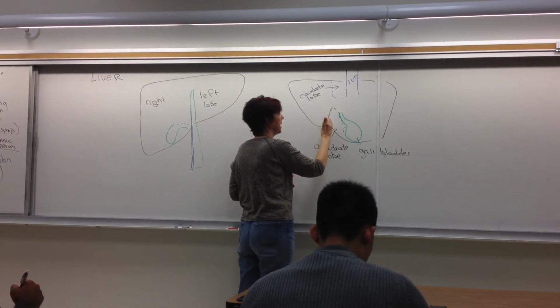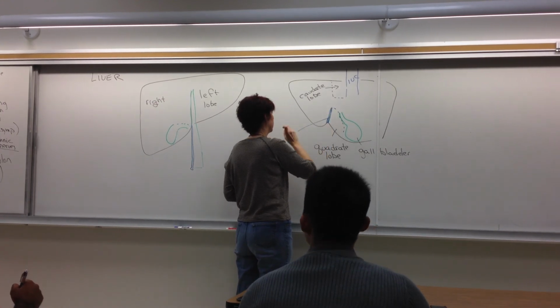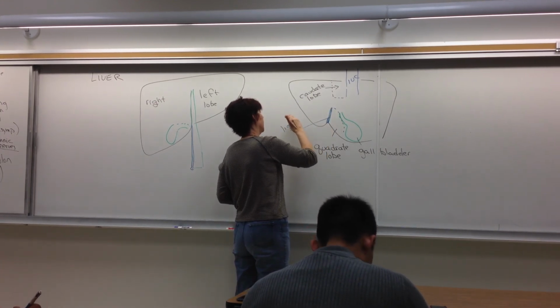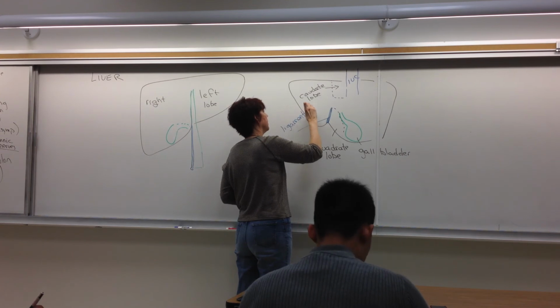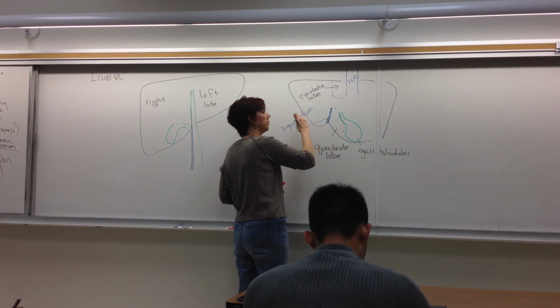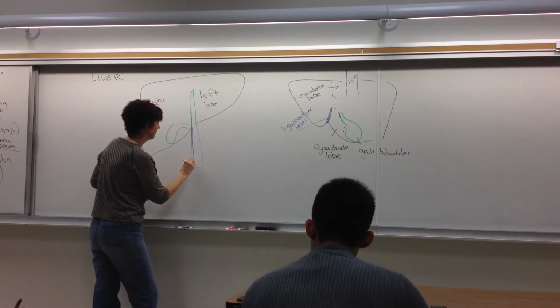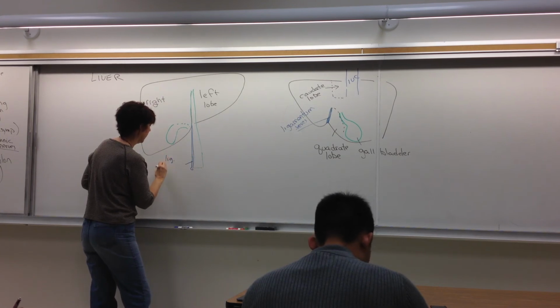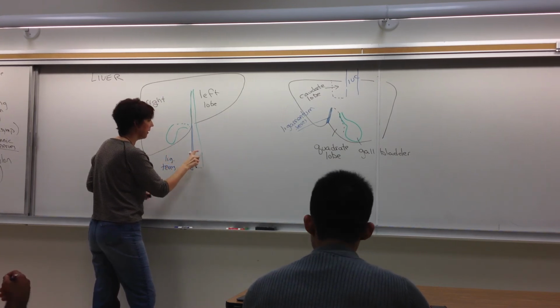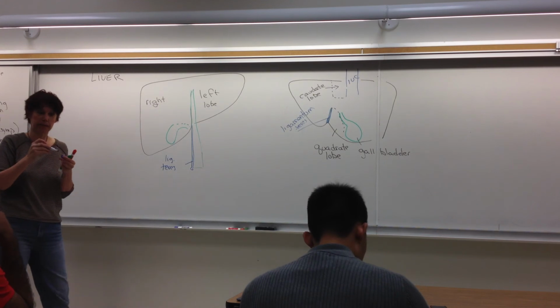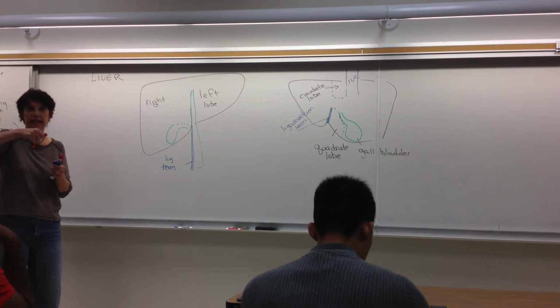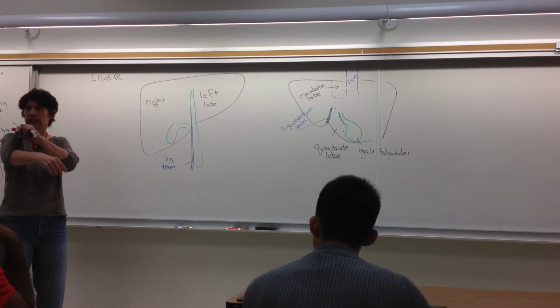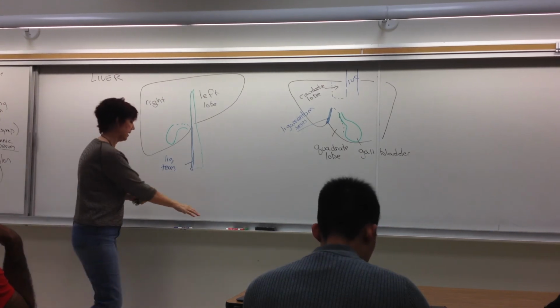So that's going to come in here. Well, it's the ligamentum teres and the collapsed umbilical vein. Anybody remember what this mesentery structure was? This double fold of peritoneum that suspended it, kind of like this? Falciform ligament, excellent.